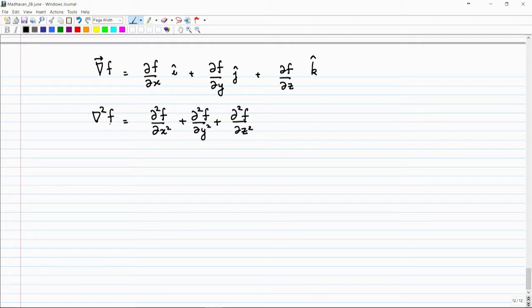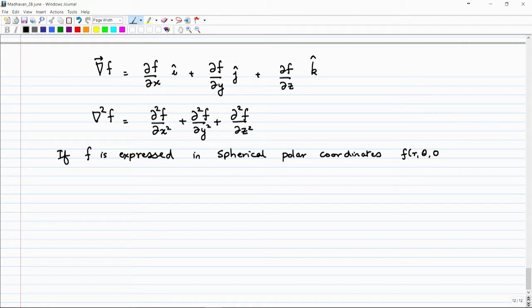So, if f is expressed in spherical polar coordinates, so if you had f of r theta phi, then you can write dou f by dou x as, now remember, when you take dou f by dou x, you are keeping y and z fixed.